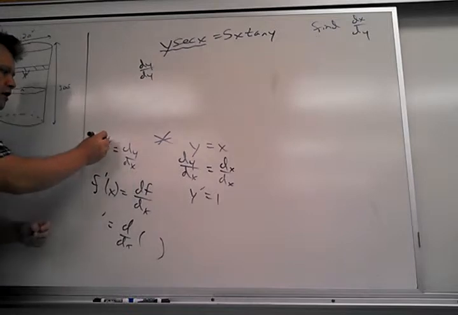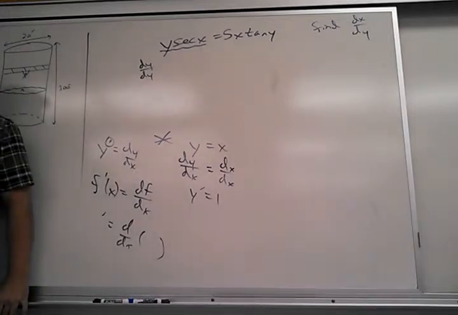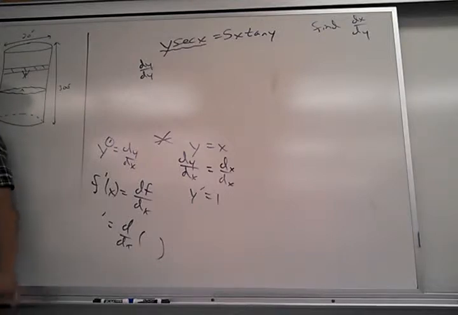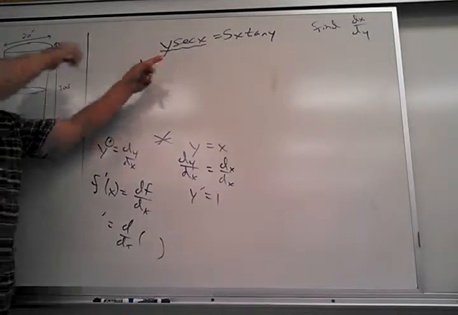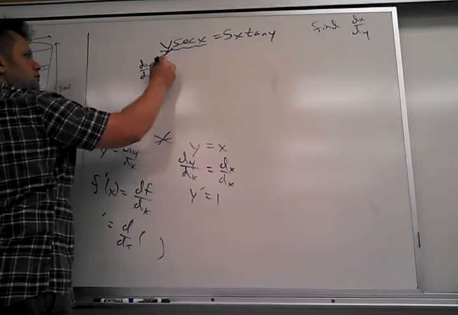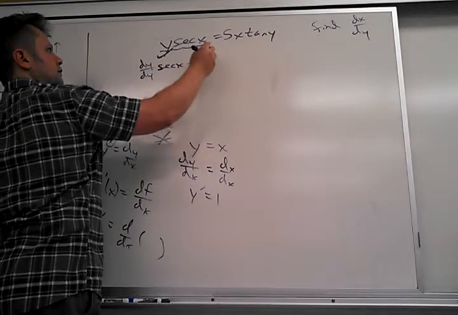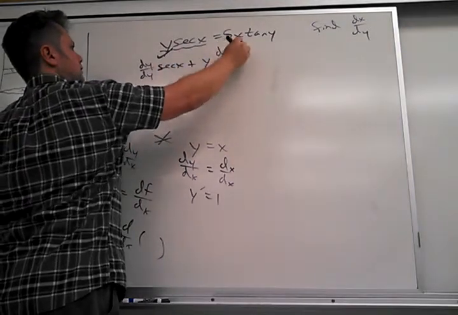We use prime notation a lot at first because we only have one variable normally, x. So prime means derivative with respect to x. But in general, you have to be more specific. What are you treating as your variable? Which one is the function of the other variable? So here, I'd have to do a product rule: plus y d secant x dy.